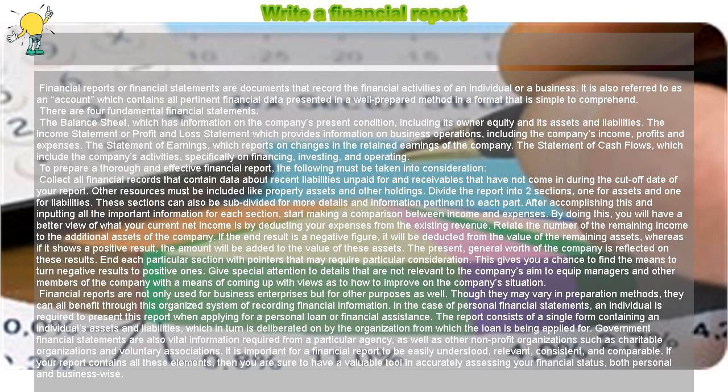In the case of personal financial statements, an individual is required to present this report when applying for a personal loan or financial assistance. The report consists of a single form containing an individual's assets and liabilities, which in turn is deliberated on by the organization from which the loan is being applied for.